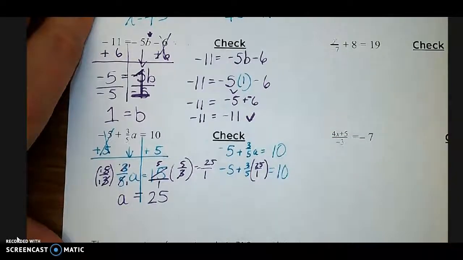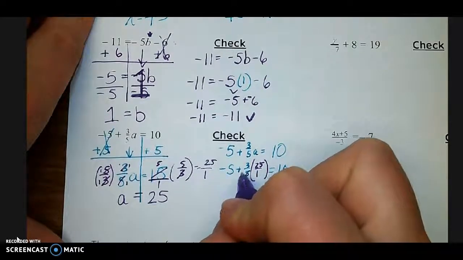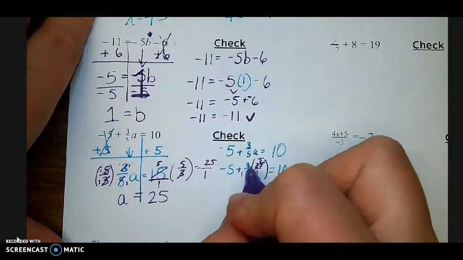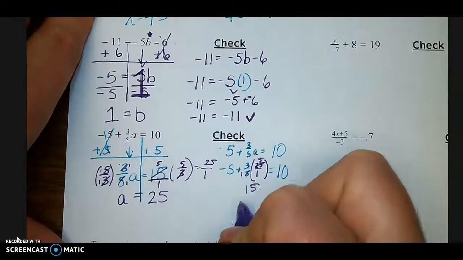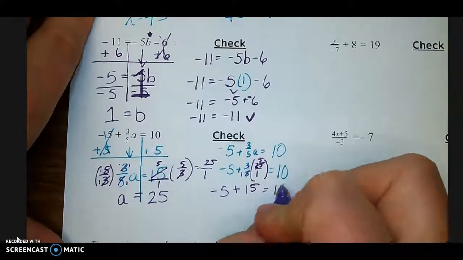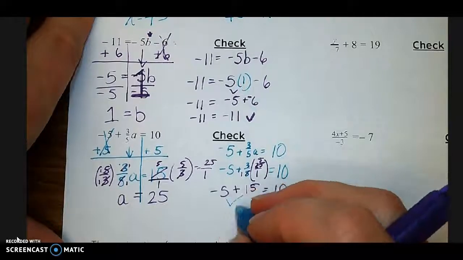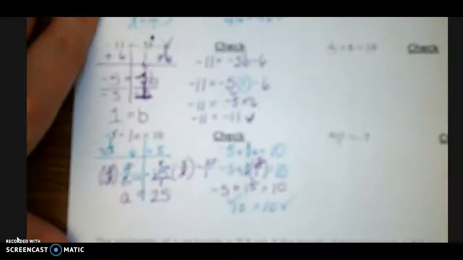Just went ahead and made my whole number into a fraction by putting a 1 under it. I'm going to go ahead and start here. 3 times 5 is 15, and you can think of that as being over 1, but anything over 1 is just itself. And 10, again, does equal 10.